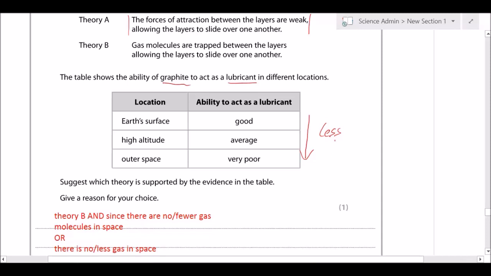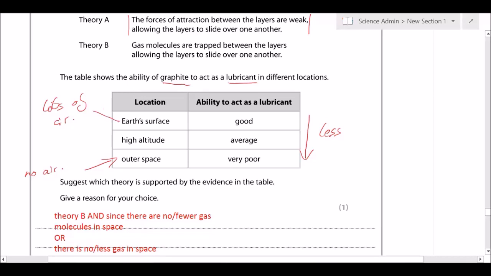Okay, so on the Earth's surface there is plenty of air. Lots of air here, and outer space, no air. So the thing which is changing is the amount of air in between the molecules as you go into space.